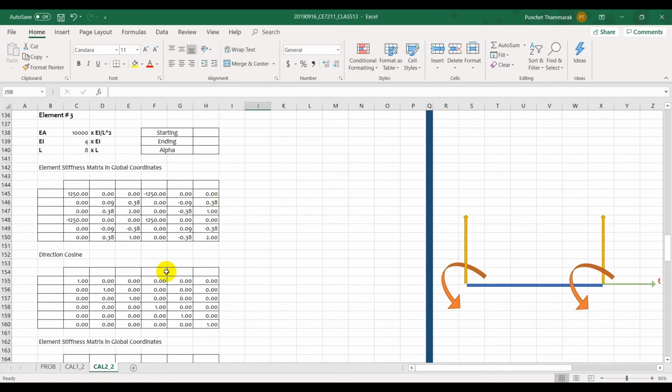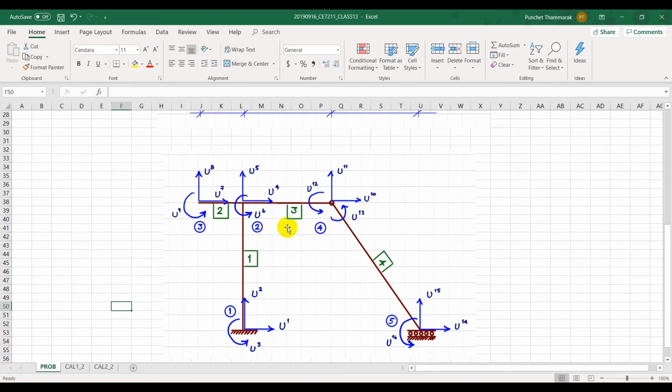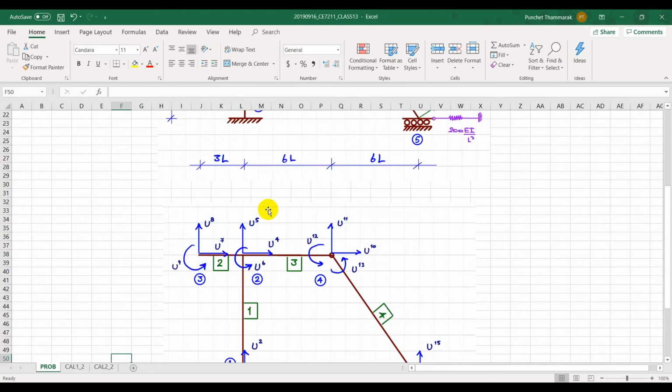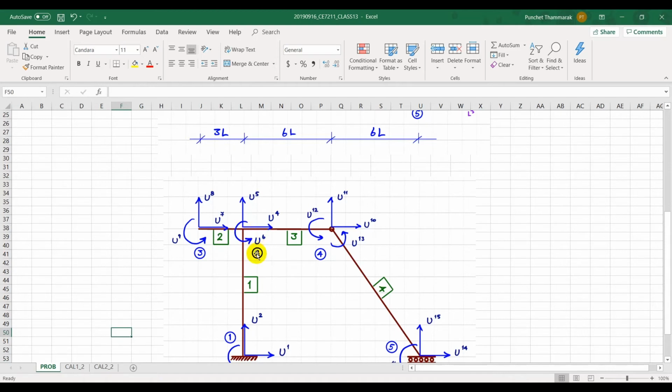Move forward to element number 3. Element number 3 is here, and the starting node is number 2 and the ending node is number 4. So I like this order better. Well, computers like all, but I like it because this is a hybrid between computer structural analysis and manual calculation, because I still have to plug in these entries from the element stiffness matrix.